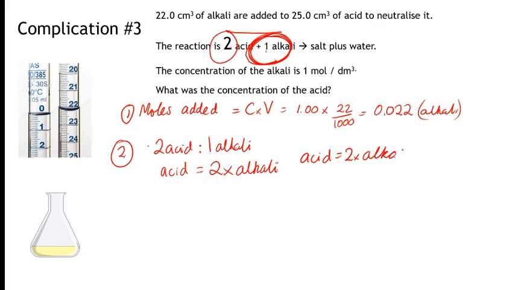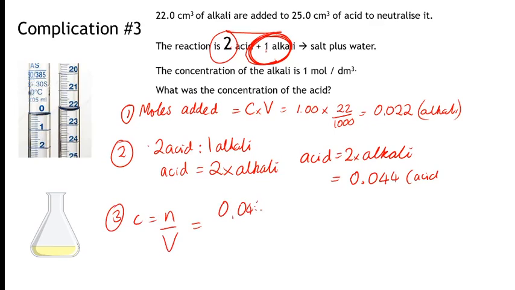Okay, so we need 2 acids to 1 alkali, so we're going to have 0.044 moles of acid, and then to get to a concentration, the number of moles divided by the volume. Remember, we're talking about the acid, which was in here, the 25 centimetre cubed sample.